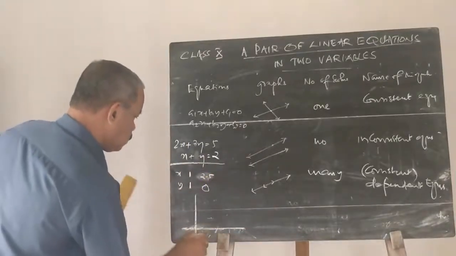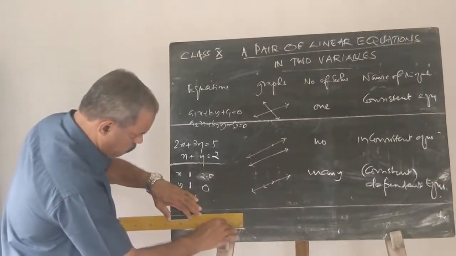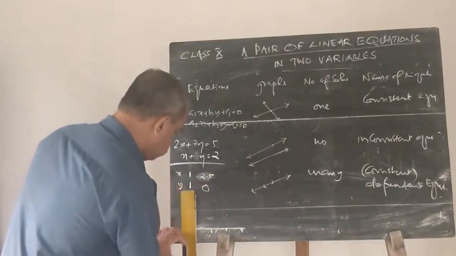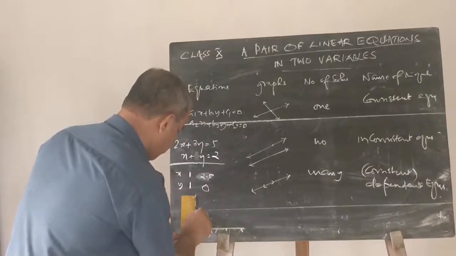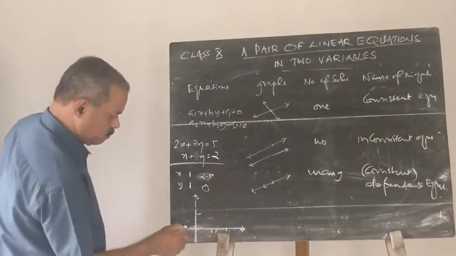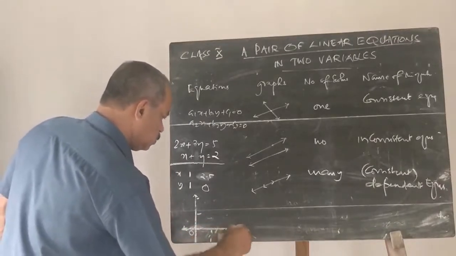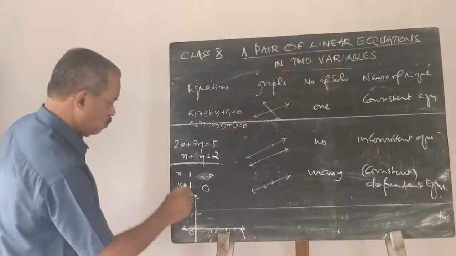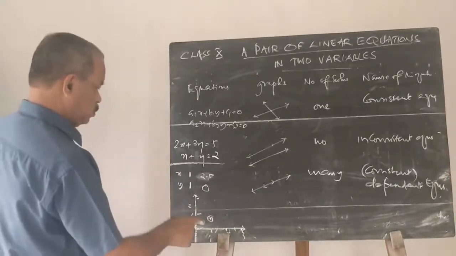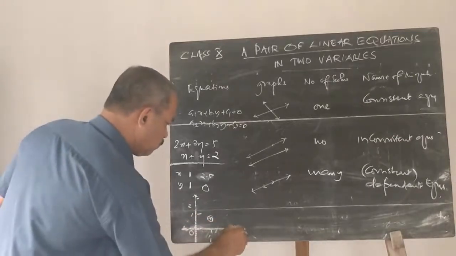Here, the point is 2.5, 0, that is, y is 0 and x is 2.5.